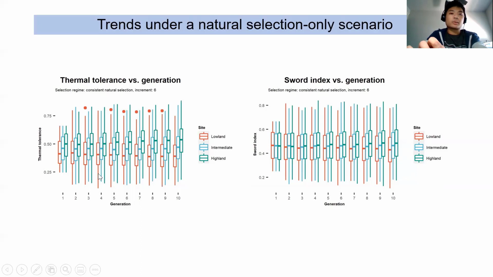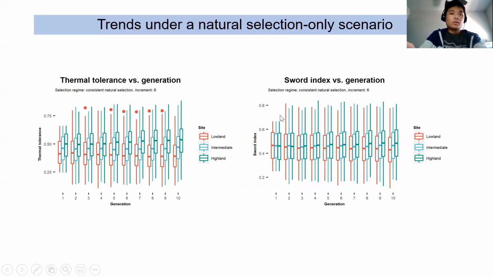This is the exact trend that we see in our simulated data, with the lowland site drifting towards 0 over time, the highland site drifting towards 1 over time, and the intermediate site or intermediate population remaining fairly consistent over time. You'll notice that much of this differentiation is present even in generation 1, and this is due to how the simulation program essentially implements the selection function prior to scoring phenotype values.